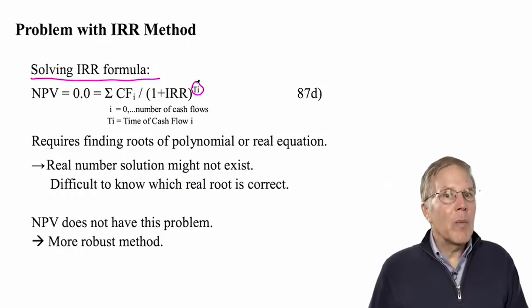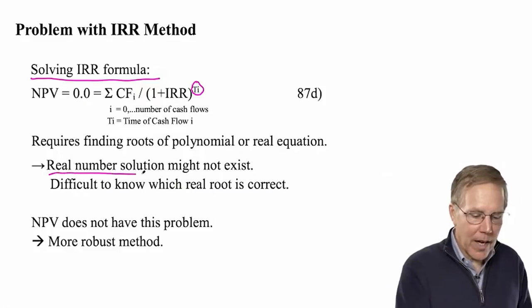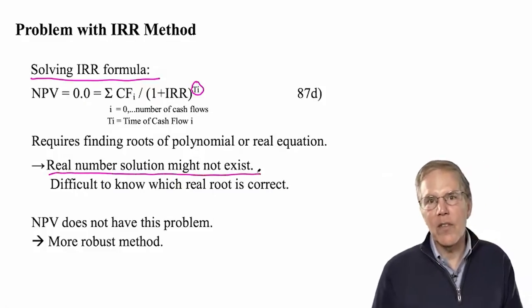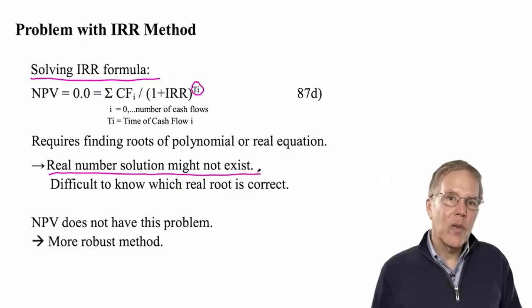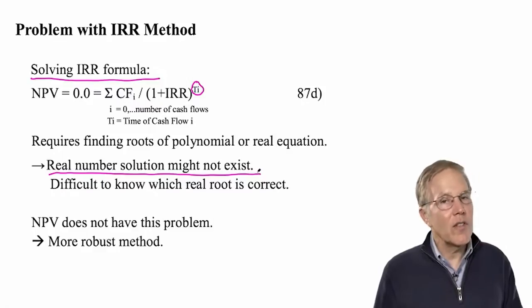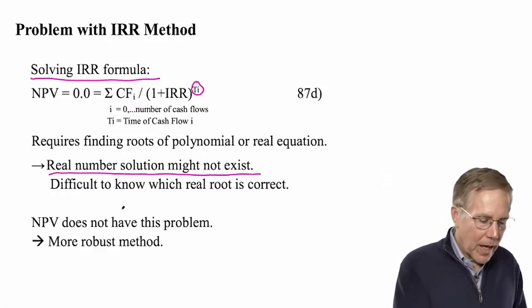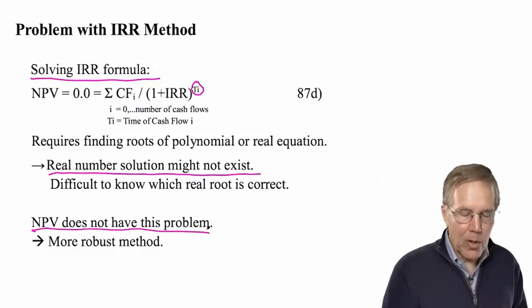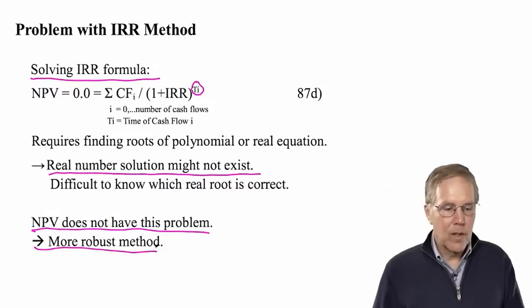As you may remember from when you were tortured in pre-calculus algebra, sometimes you might not have a real number solution to this. There might only be complex number roots, okay? Also, you're going to have multiple roots, and you're not sure a priori which root is the correct root. The NPV method never has this problem, so we call it a more robust method.